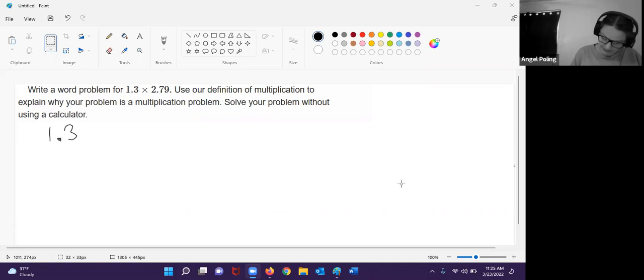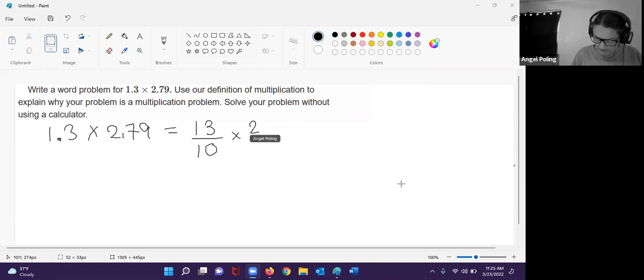Okay, so 1.3 times 2.79 is the same as 13 over 10 times 279 over 100, because we have 1 and 3 tenths, and we have 2 and 79 hundredths.